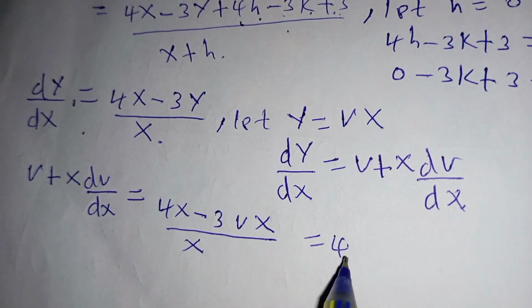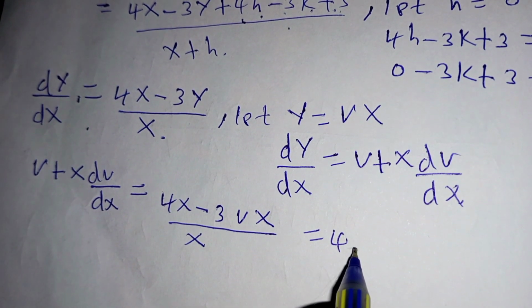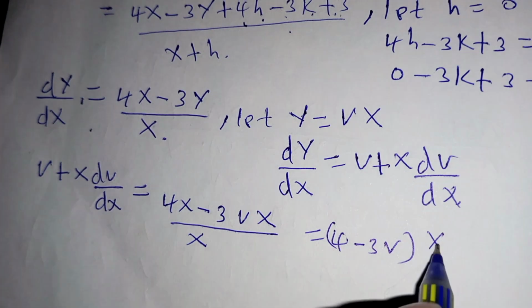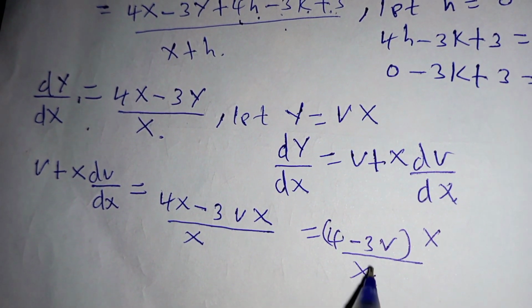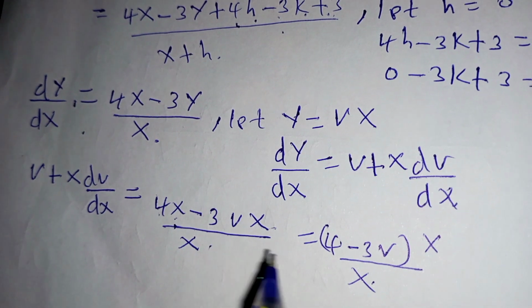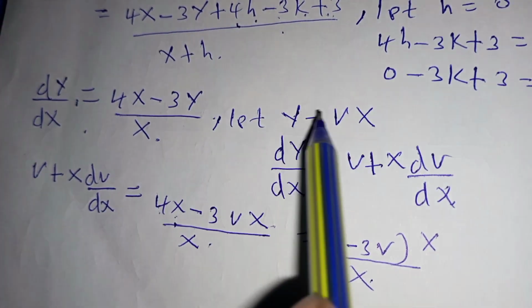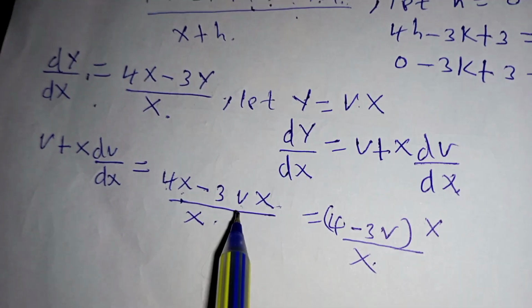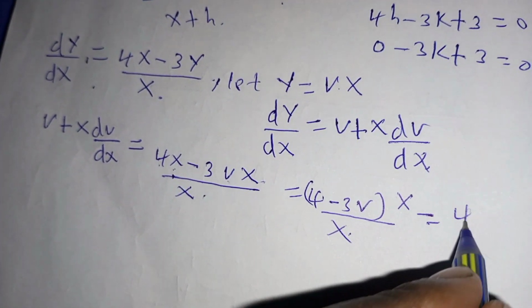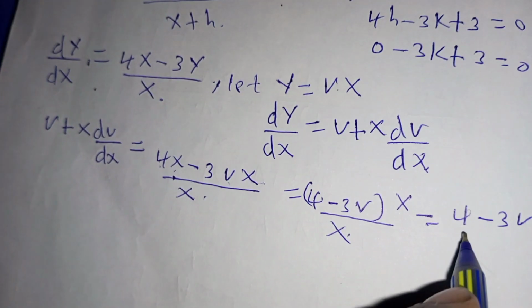Here we can factor x to be left with 4 minus 3v into bracket x over x. I have factored x here because it is common. Where you have y, I have substituted it with vx. X and x will cancel, and we are going to be left with 4 minus 3v.